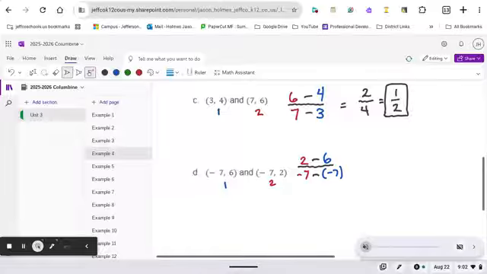If I have a double negative, I always put the negative 7 in parentheses. So up on the top, we've got 2 minus 6, which is negative 4.